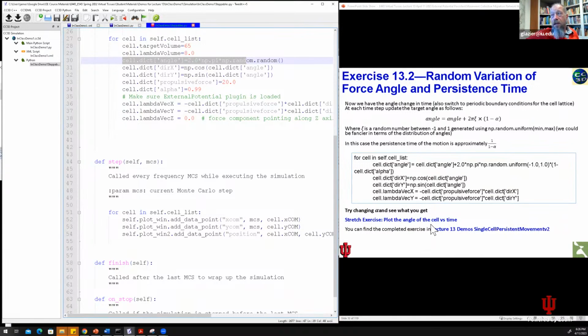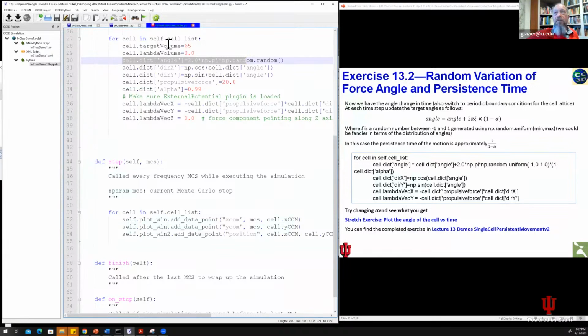If you've got that done and you want to go a little bit further, it's interesting to plot the angle of the cell versus time, just as an extra plot, create a third plot window. And the code for this, if you get frustrated, is single cell persistent movement V2. Okay. Any questions about that? So why don't people take just a few minutes and try to add that code to the simulation.